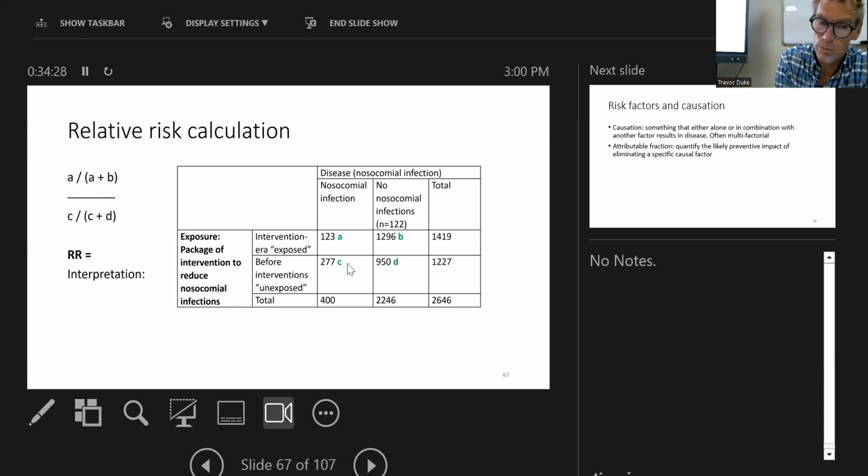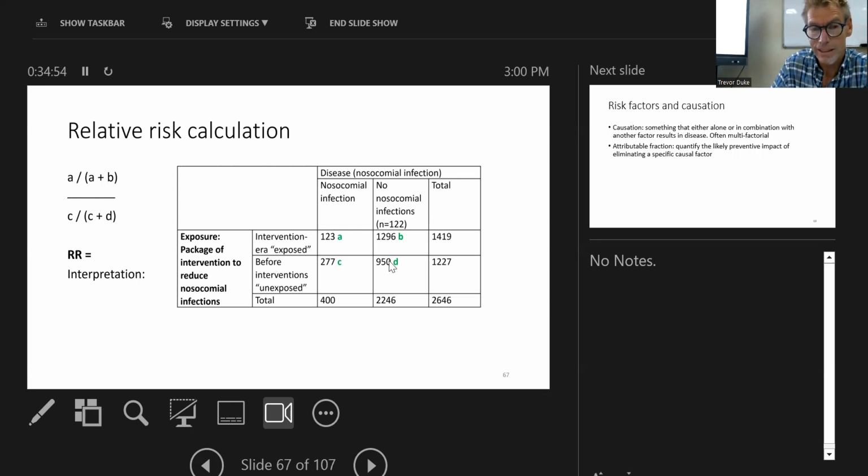So in the post-intervention cohort, there were 1,419 children and 123 had a nosocomial infection. So even just eyeballing the data, it looks like there's a reduction, doesn't there? But there's a few more in the post era. Not surprising. There's a few more children admitted, not many more, but a few more, but seemingly a lot less nosocomial infections, right?